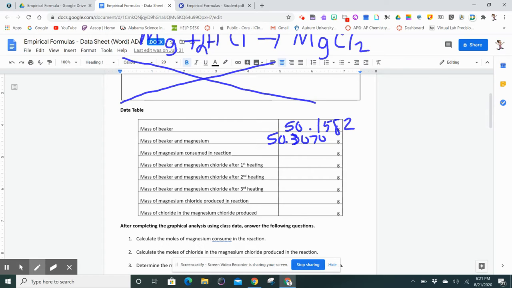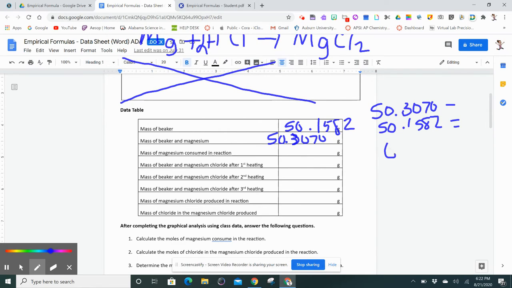So 50.3070 minus 50.1582. That gives us our mass of magnesium as being 0.1488 grams of magnesium. So that's the amount of magnesium we had to start with, right?